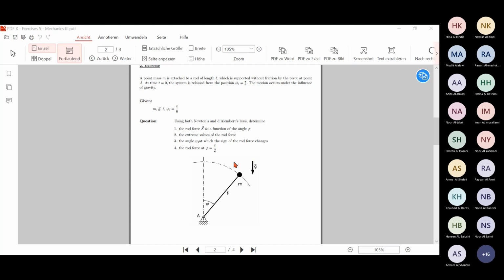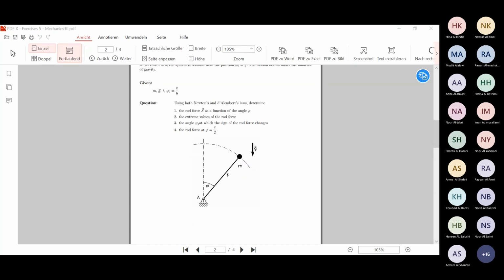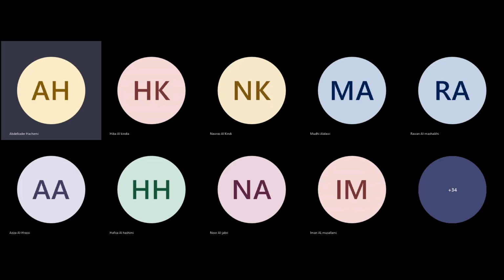Now, if I go to the solution, we will choose first Newton, and after this D'Alembert. If we do so, I return back now to describe the forces which can happen here.